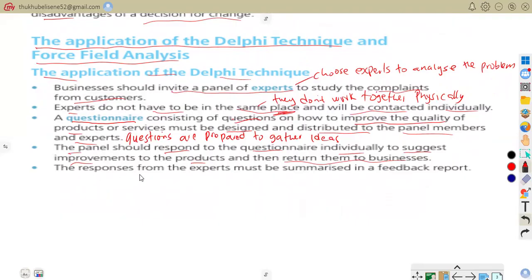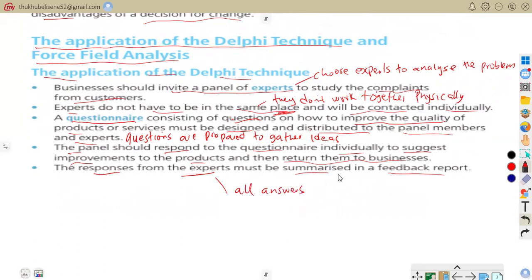Also, it says the responses from experts must be summarized in a feedback report. So we're saying summarize responses in a feedback report. All answers are combined into one report.